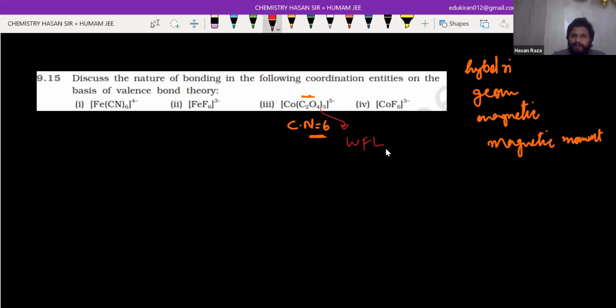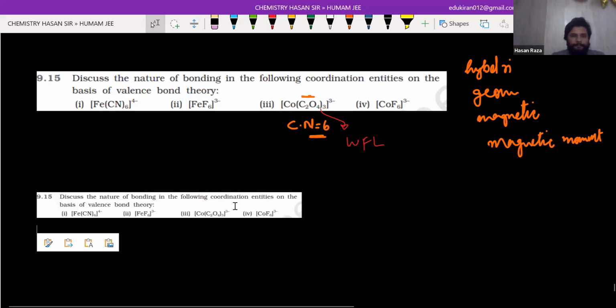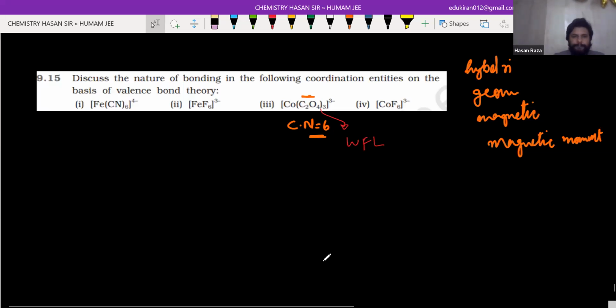Weak field ligand. Who did this process? Humam, very good. All of this are done, right? Yes. Very good, very good. What about you, Austin?